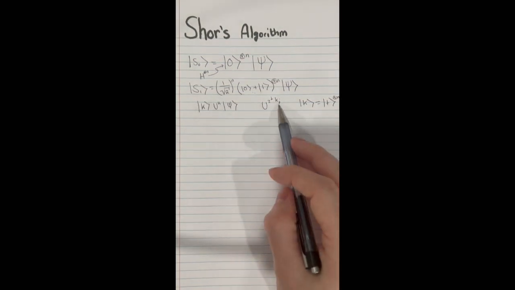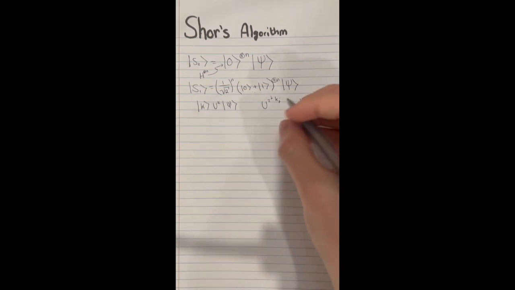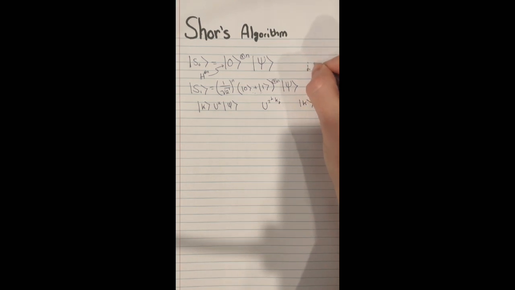Here j is simply an index, summing from 0 to the total number of qubits n minus 1, because we're starting at 0.